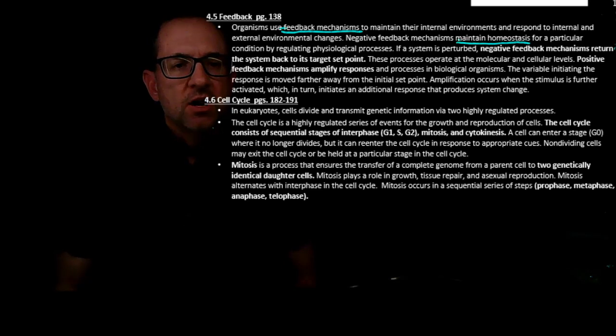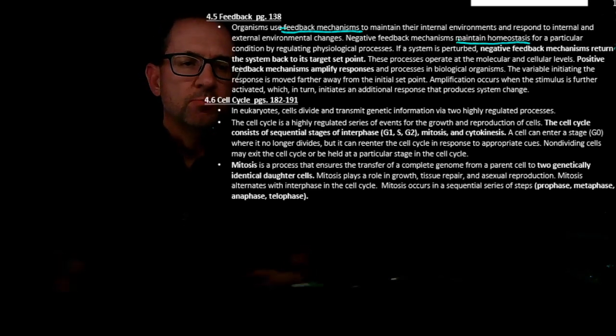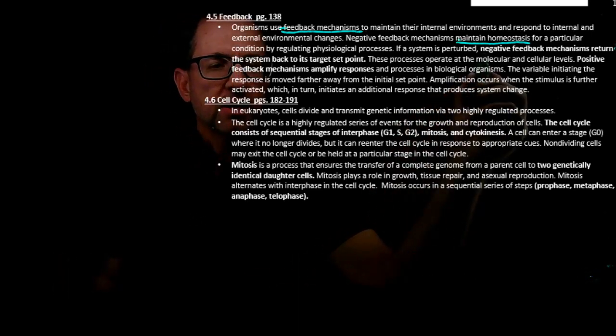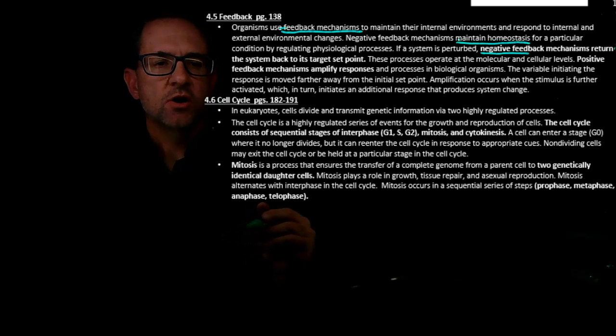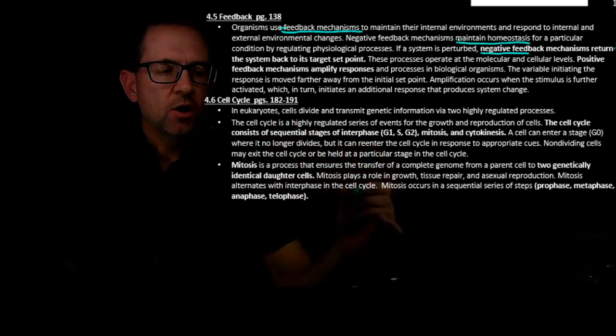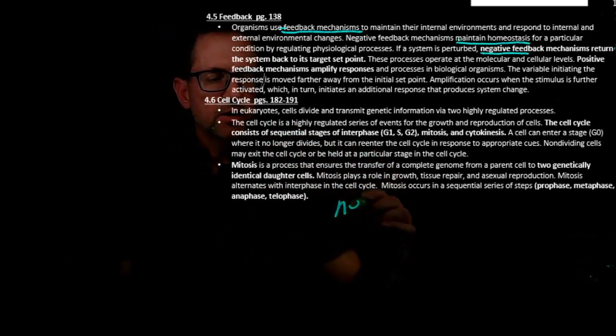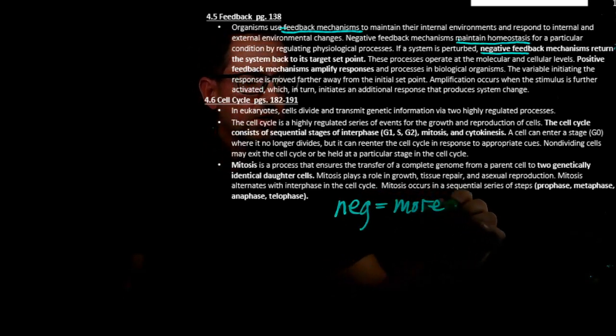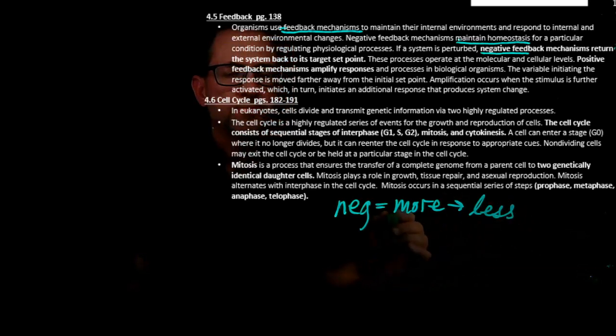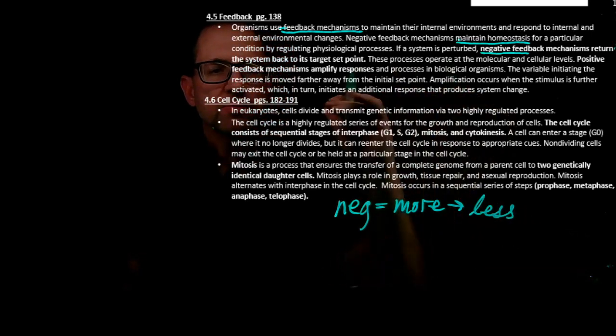It says if the system is perturbed, if it's bothered, negative feedback, and I'm just going to highlight this over here, mechanism returns the system back to its set target point. And remember, I always like to think of this: negative feedback, more gives you less. Okay, it returns it back to a set point.